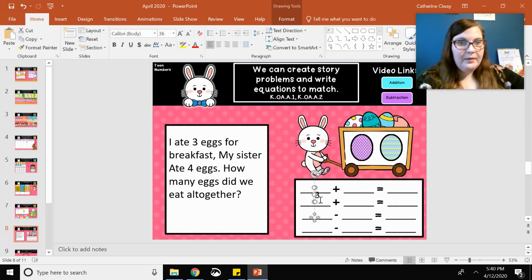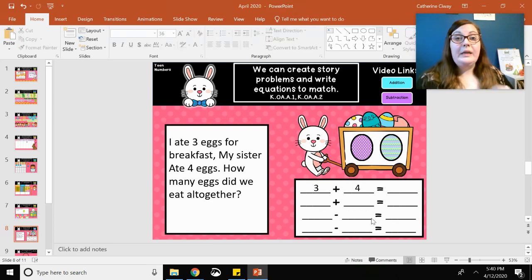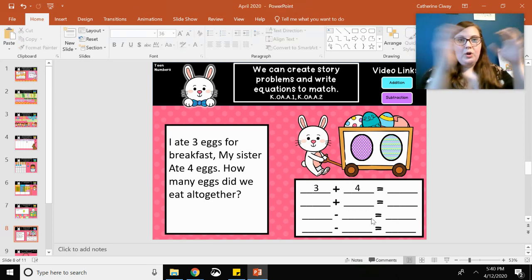There we go. That's better. The next number that I see is a 4. So I'm going to change this to say 4. 3 plus 4. They want to know how many altogether.